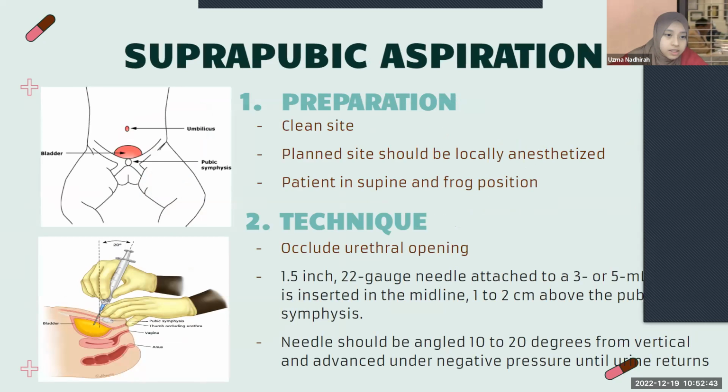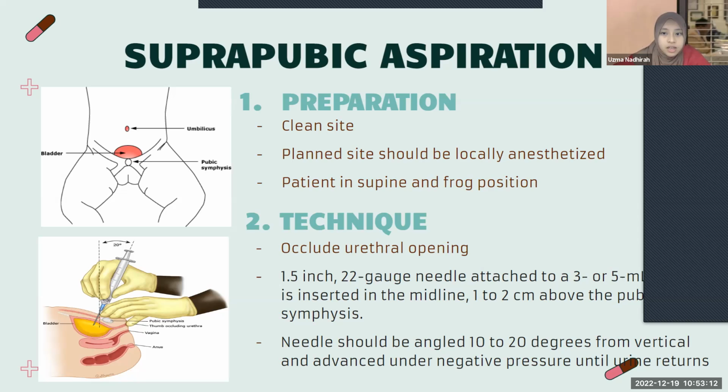Okay, the next method is suprapubic aspiration. This is the least common method, usually done in children less than 2 years old. If we have access to ultrasound, it is better. First, we have to explain the risks and indications to the parents and get consent.